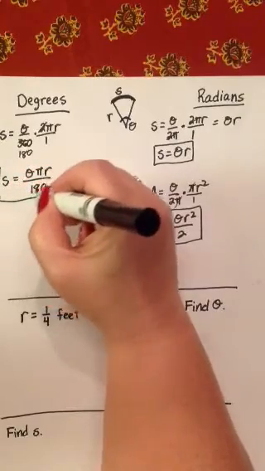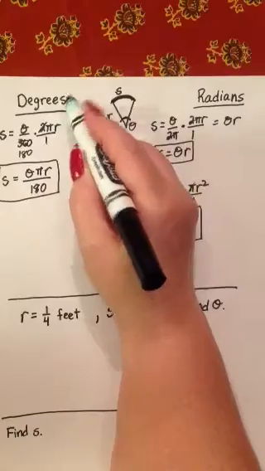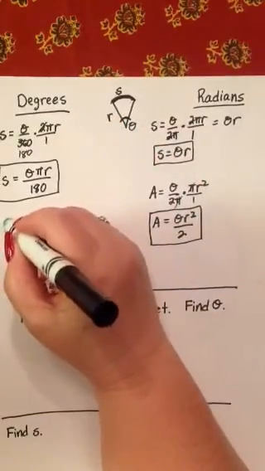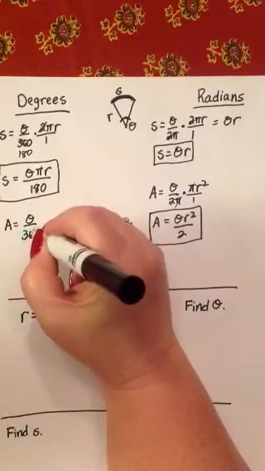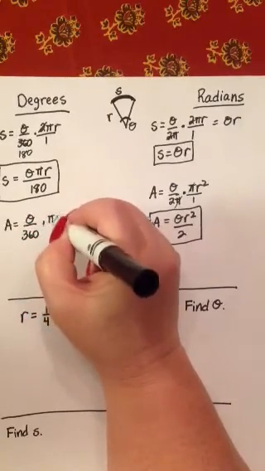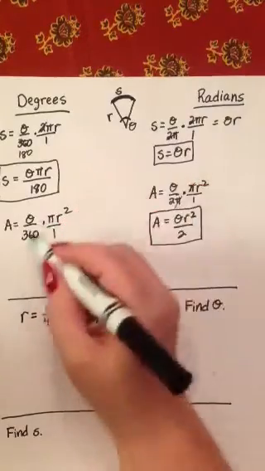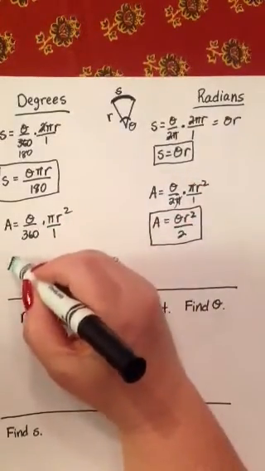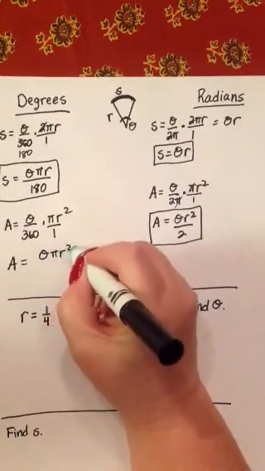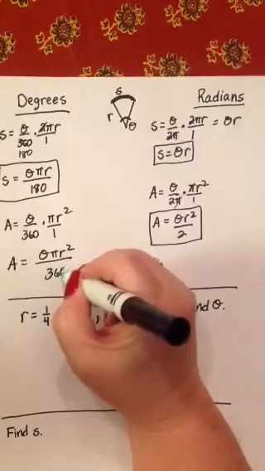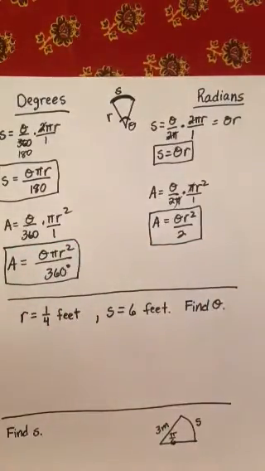So that's your formula for arc length if they give you the angle in degrees. And then for area, it would be equal to theta over 360 times pi r squared. And I guess the easy thing about this is that nothing cancels. There's nothing in common we could cancel. So area is just theta pi r squared divided by 360 degrees. So those are our formulas, okay?